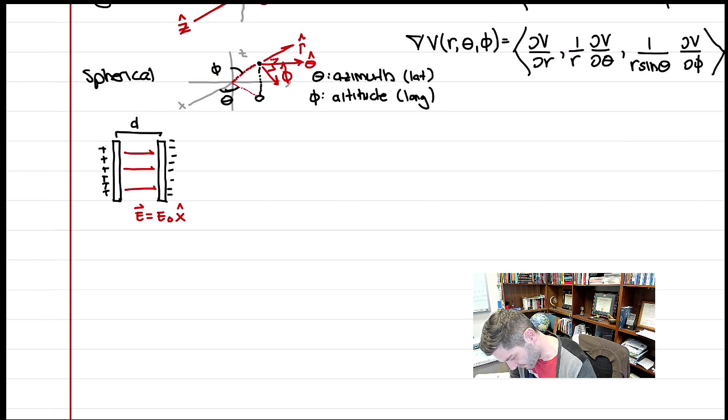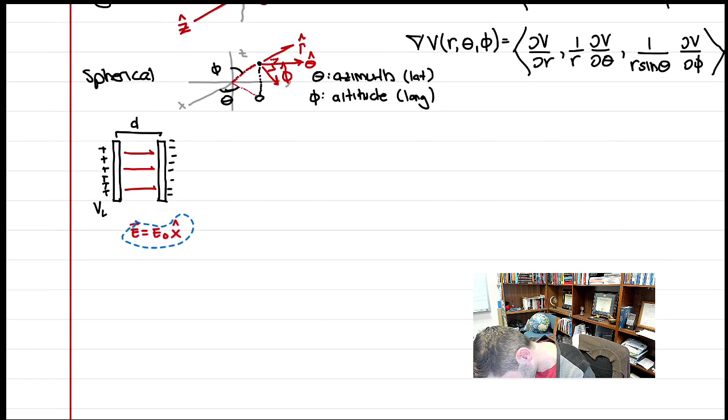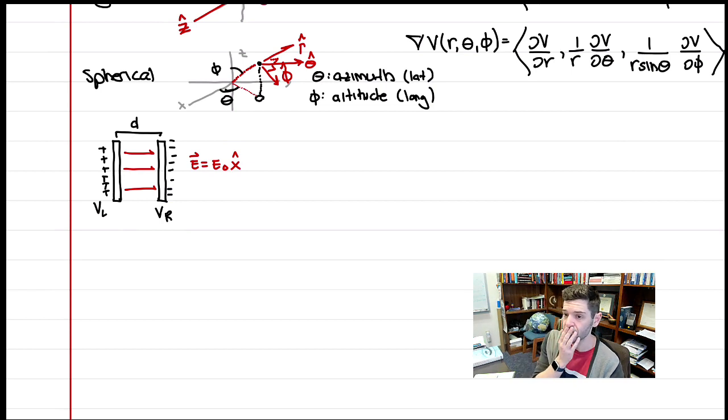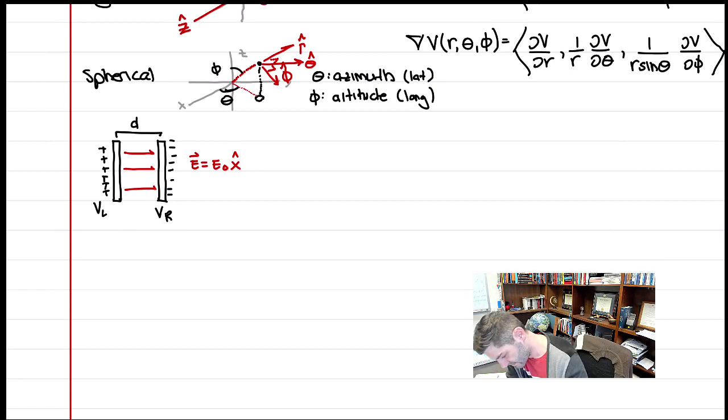And the left plate, we'll say, has some potential V sub L, and the right plate has some potential, which we will call V sub R. And we're going to specify that V sub R is 0.